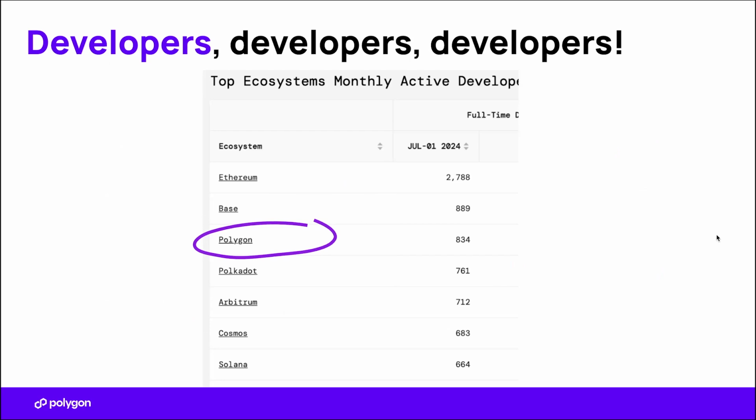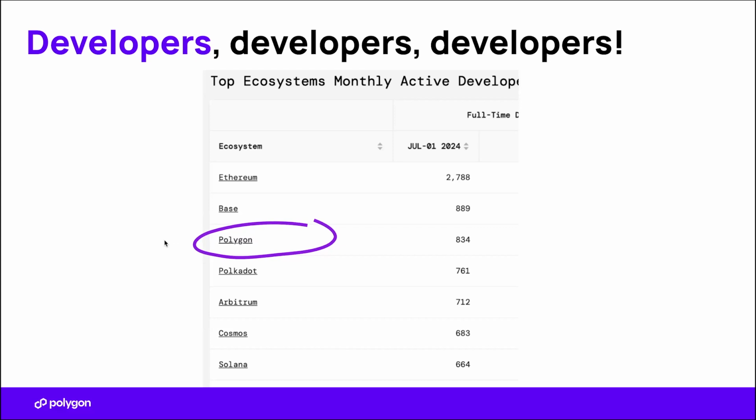Here you can see these numbers from July 2024, from a survey by one of the leading VCs in the Web3 space, and you can see that Polygon is number 3 in terms of the number of devs working full time on the protocol, just right after Ethereum and Base.